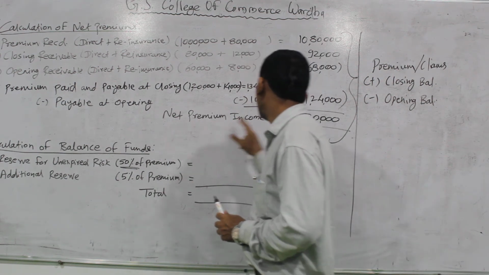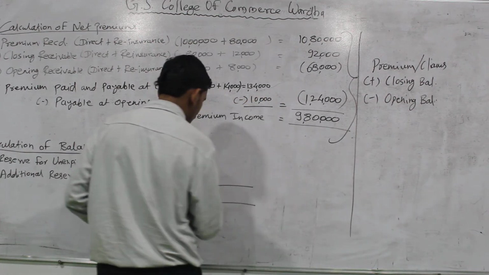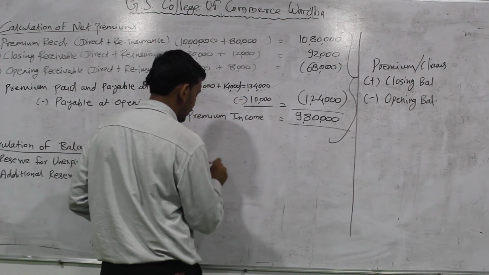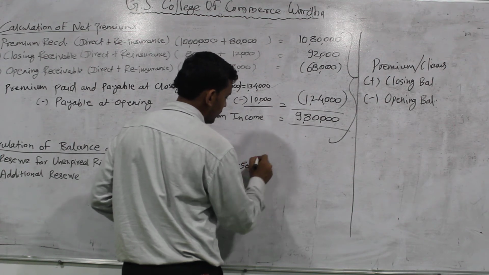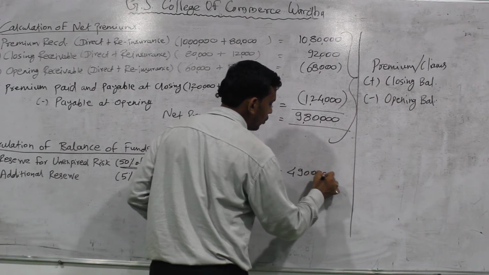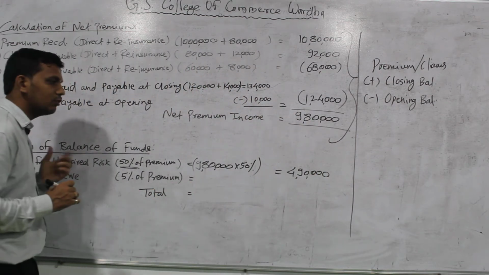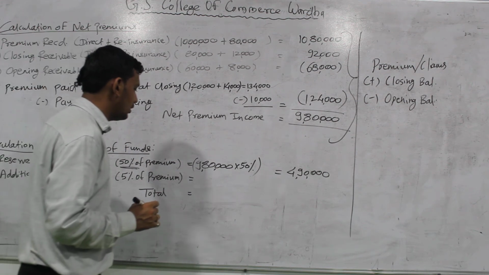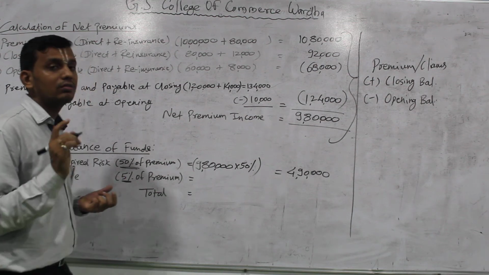The net premium we have calculated is 9,80,000. Therefore, 9,80,000 into 50%. 50% of 9,80,000 is 4,90,000. That is the reserve for unexpired risk. Second, additional reserve. With respect to additional reserve, the information provided is 5%. 5% of what?